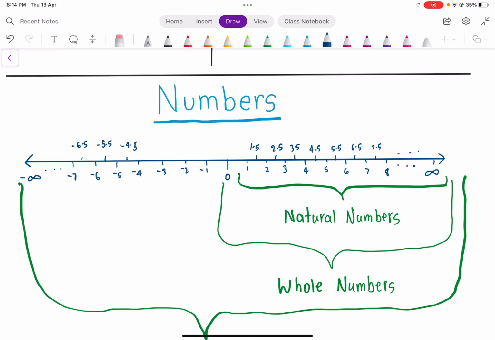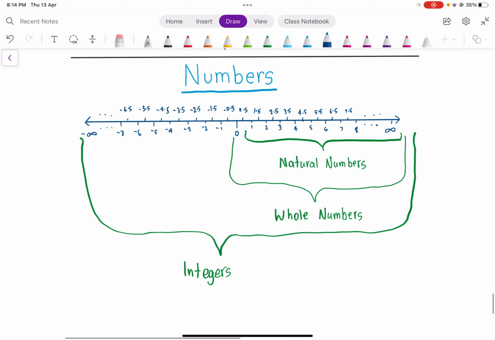That means there can be decimals in negative numbers too. So that would work too. I'm just currently trying to finish this. Okay. So all of these numbers, oh, I really need to move this.